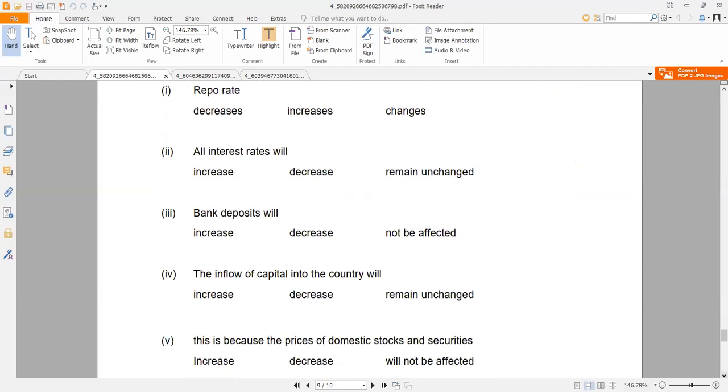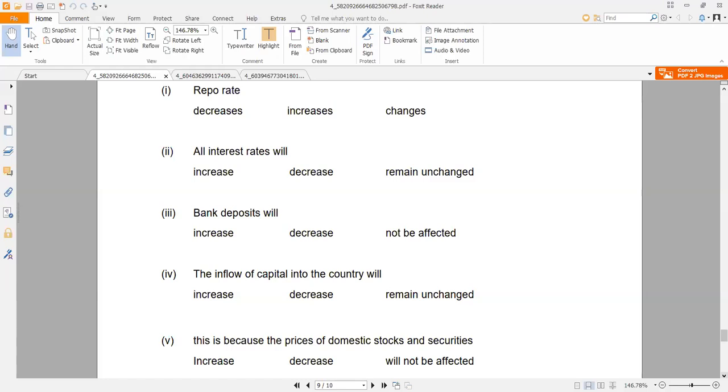Right? Bank deposits will decrease. Why? What was my reasoning here? I said bank deposits will decrease. Let me just look at my paper.